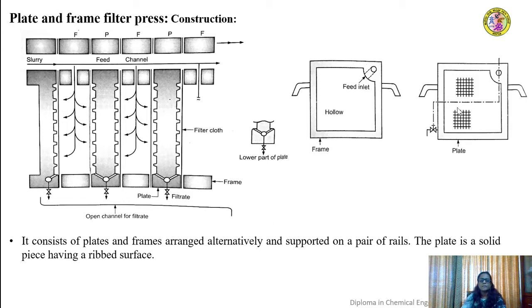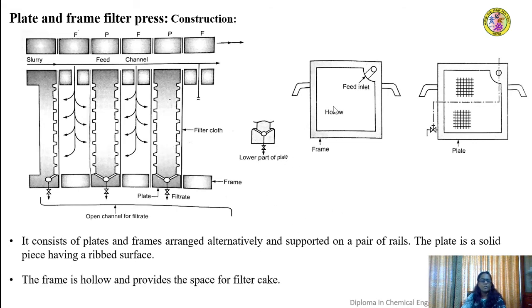So we can arrange the plates and frames alternatively so that there forms a channel in between each plate. Okay, so this is the cross-sectional side view of each plate and frame when they are alternatively arranged one after the other.